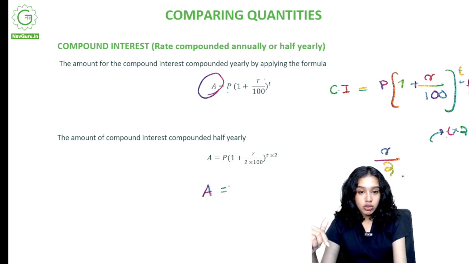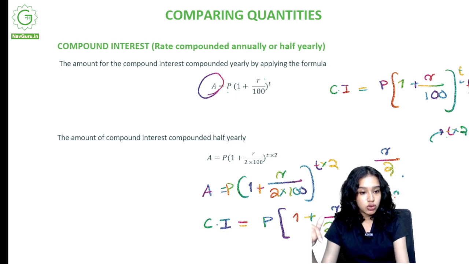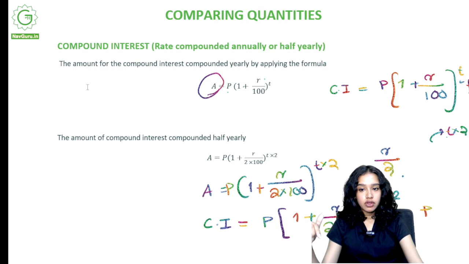Now the amount would be equal to P into (1 plus R by 2 into 100) whole raised to T into 2. So if we are talking about the compound interest, it would be P into (1 plus R by 2 into 100) whole raised to T into 2, minus P.